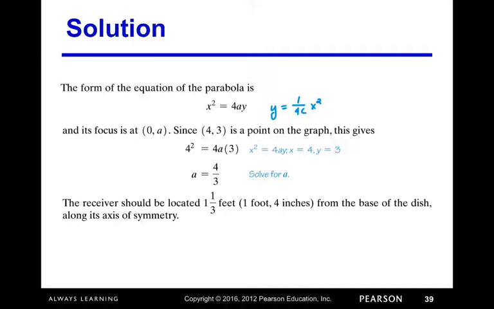So x is equal to 4 and y is equal to 3 because we located the x in the middle. Solve for a, and in this case, solve for c. But a is equal to 4/3, so the receiver should be 1 1/3 feet, or 1 foot 4 inches from the base of the dish, along that axis of symmetry.